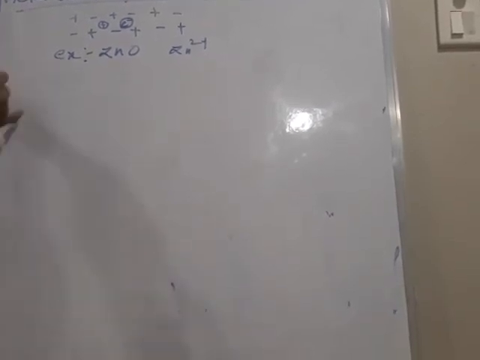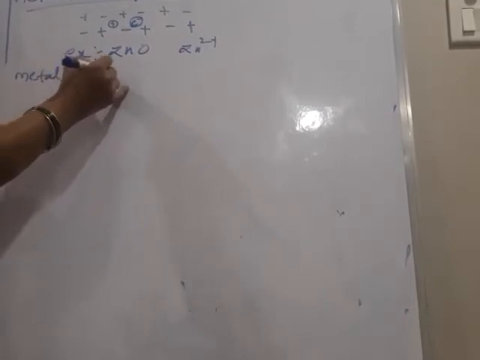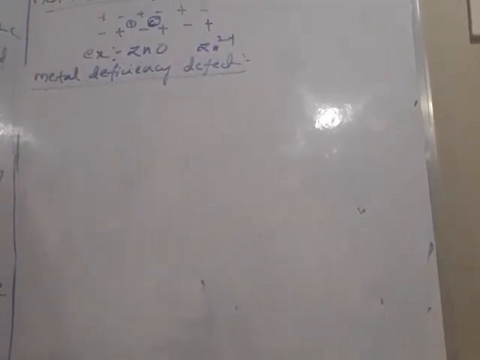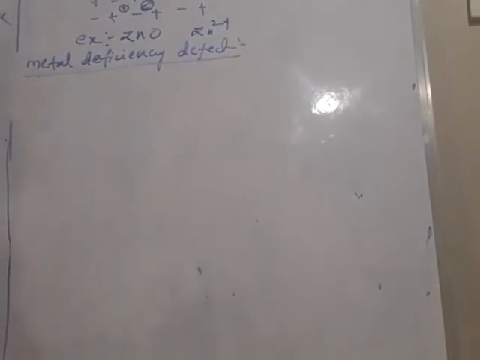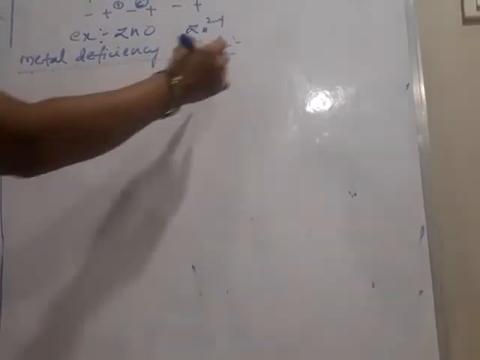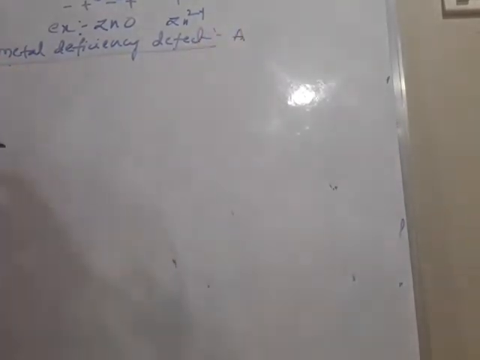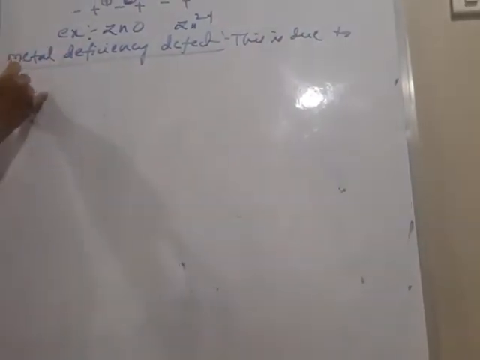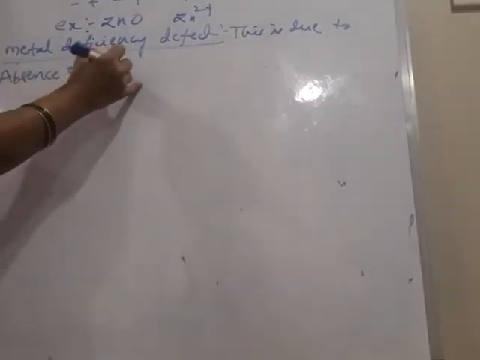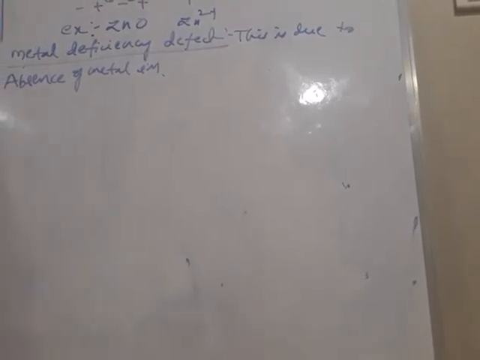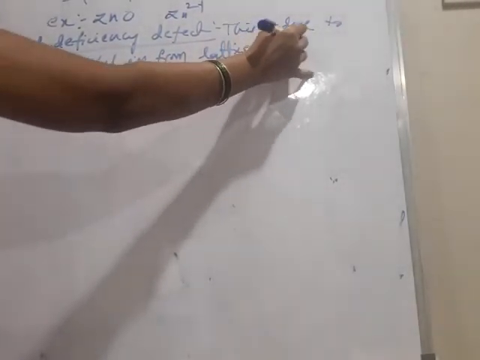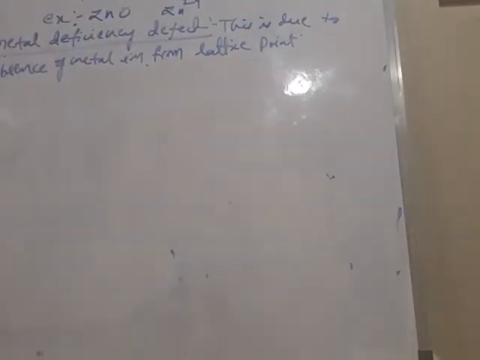Next, metal deficiency defect. This is due to the absence of a metal ion from its lattice point, and its charge is balanced by an ion having a higher positive charge.